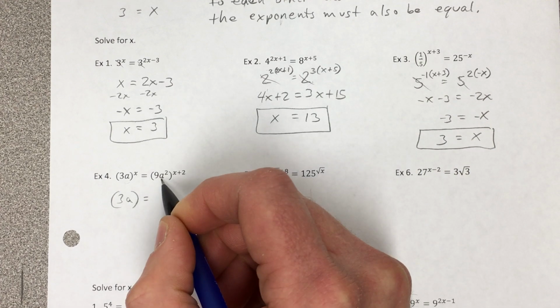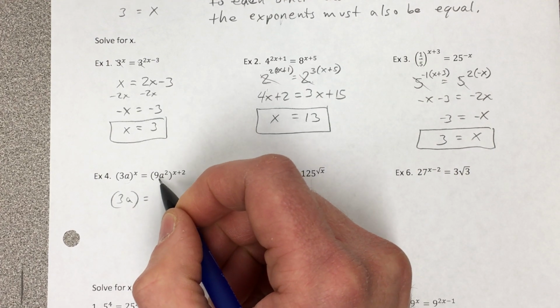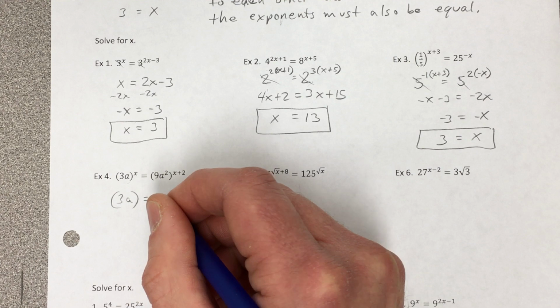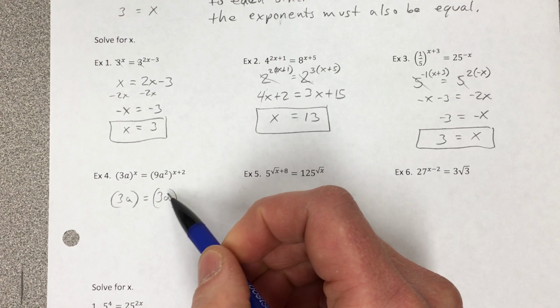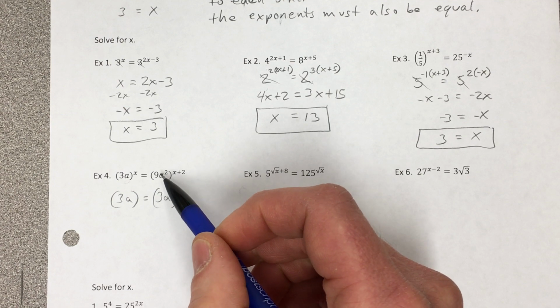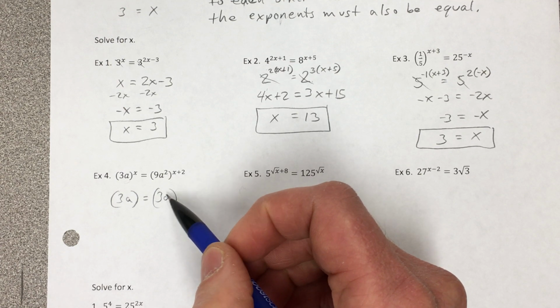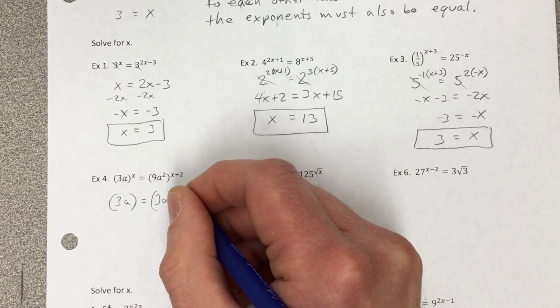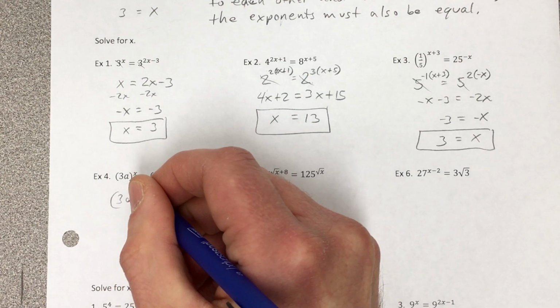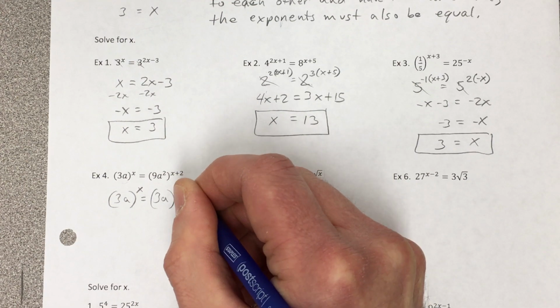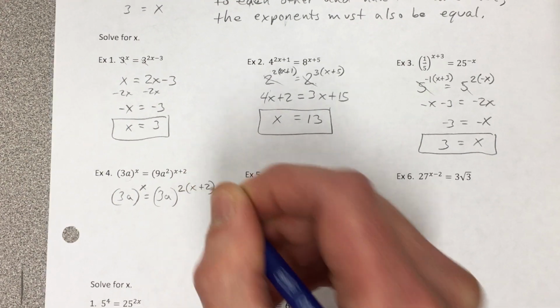And on the other side, though, now I can see. Since I left that 3a alone, I'm going to write down 3a, and I'm going to think, what exponent can I raise 3a to get 9a squared? And it turns out 9a squared is just 3a squared. Now let's write in our exponents that were already in there.